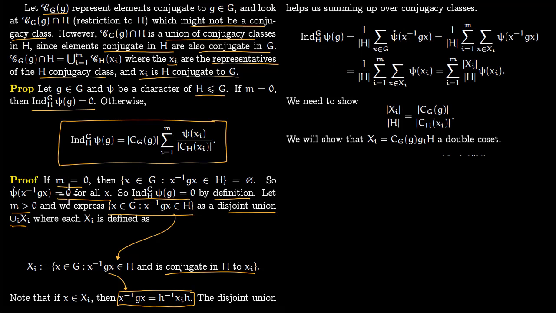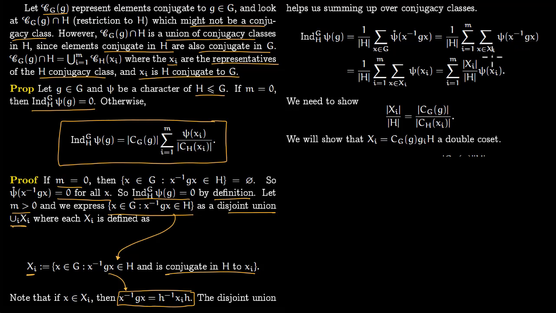Obviously, when every element is 0, you sum over 0 and you get 0. Now we are saying m is greater than 0. So x is in G, and we want a disjoint union like this. Instead of the induced character here, you just go to psi. That is the entire purpose of constructing the X_i: you work with something concrete, this psi. Now you start summing.